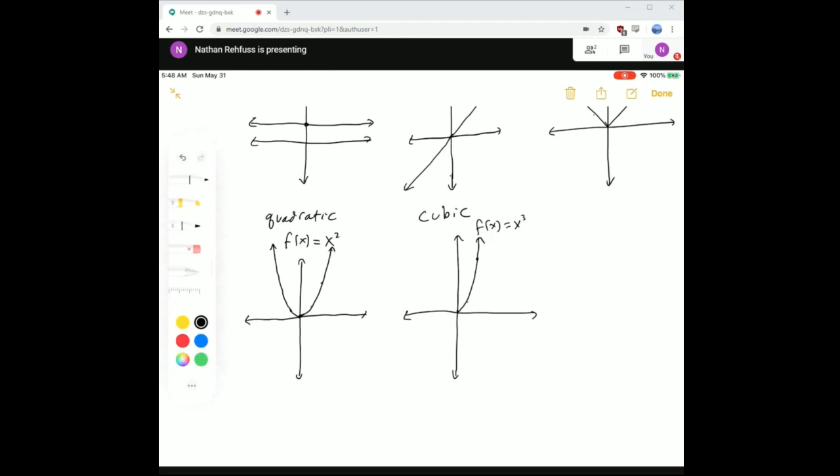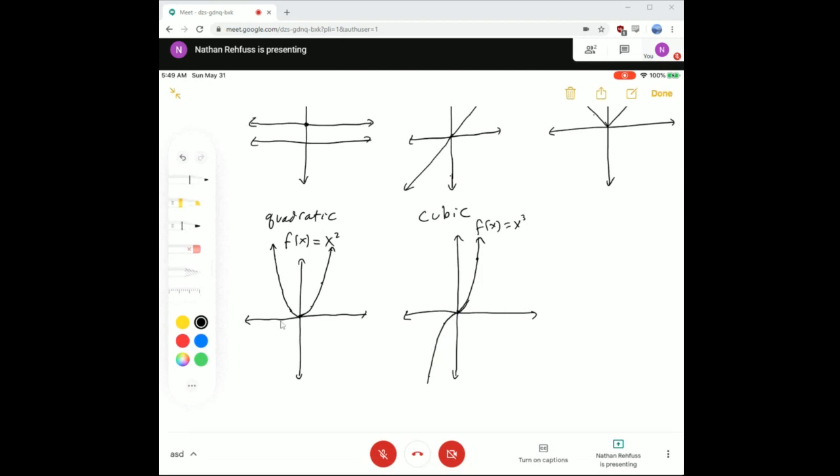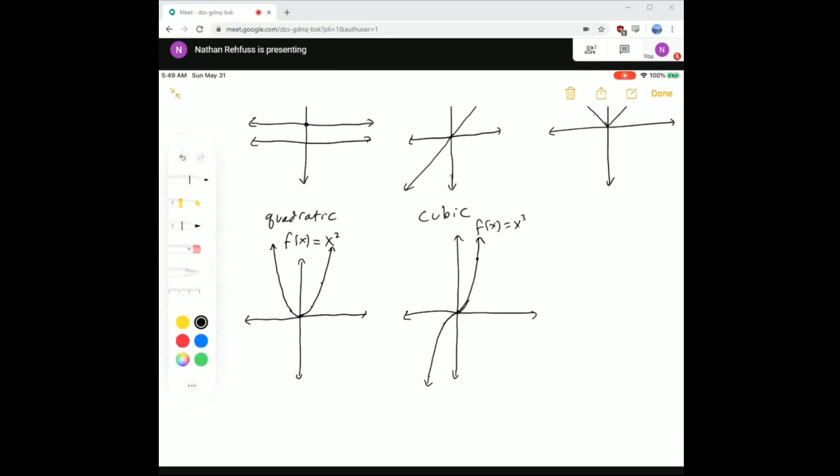Now negative 1 cubed is negative 1, and negative 2 cubed is negative 8, because not all the minus signs cancel. 2 of them cancel out and the third one stays, right? So the other half is rotated from the first half instead of flipped. It's the same shape, but rotated.